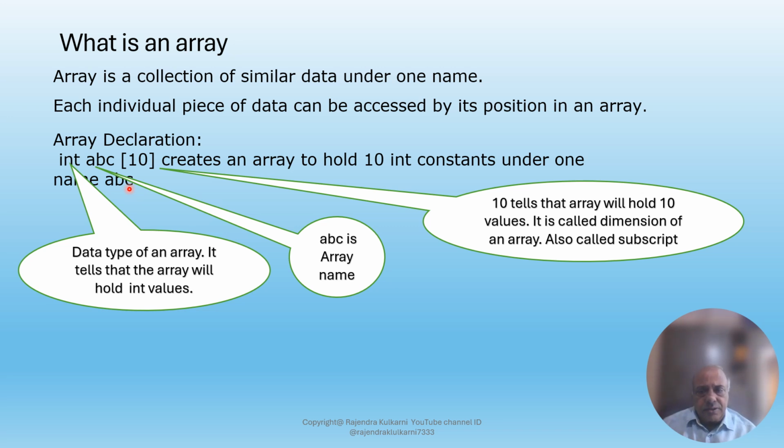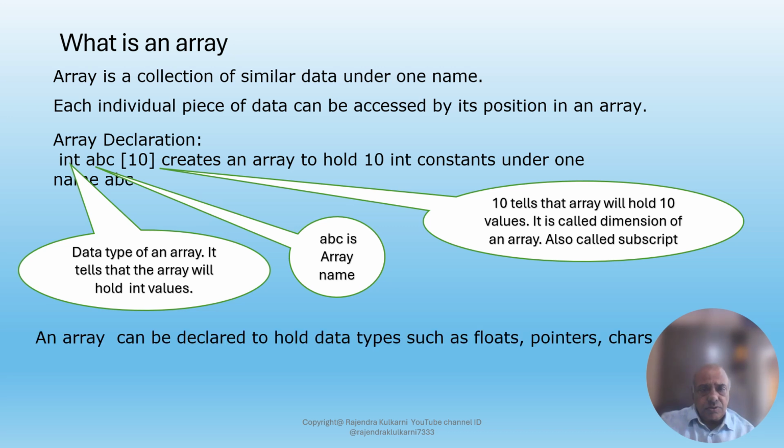The dimension tells the compiler that this array will be holding this number of constants belonging to an int, char, or float data type, or even pointers. In this particular example, we have declared int ABC with 10 as the dimension of the array ABC, holding 10 int constants.